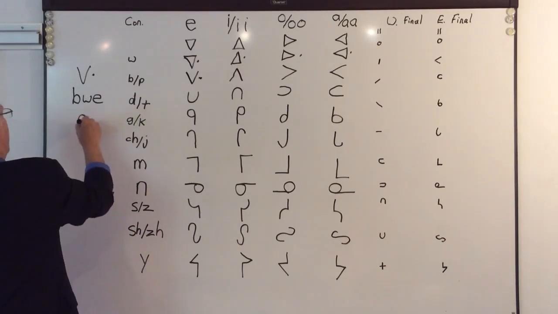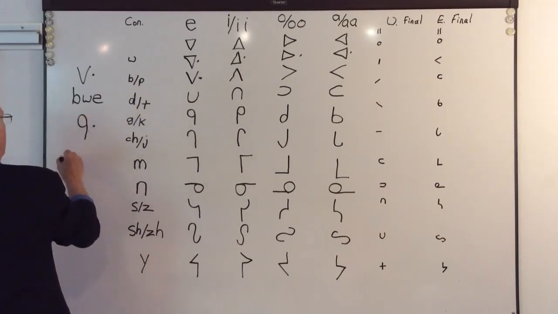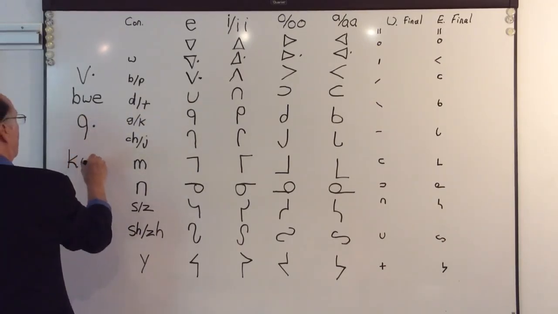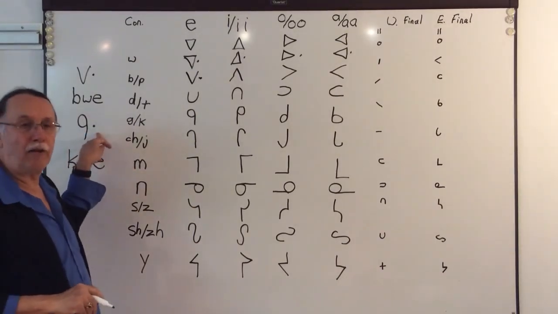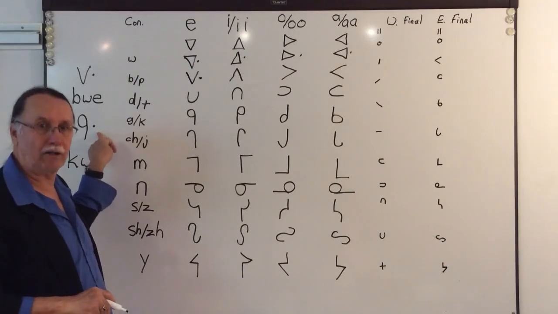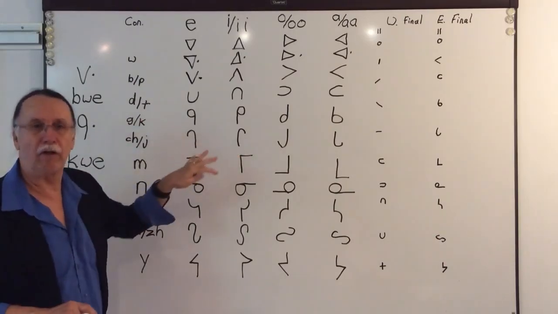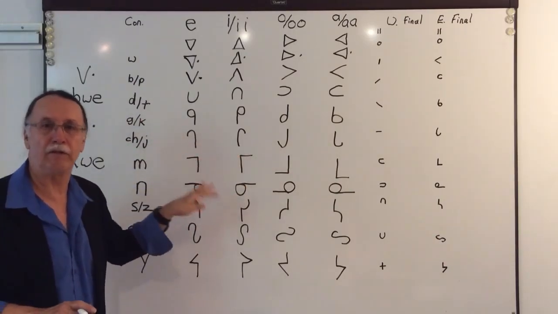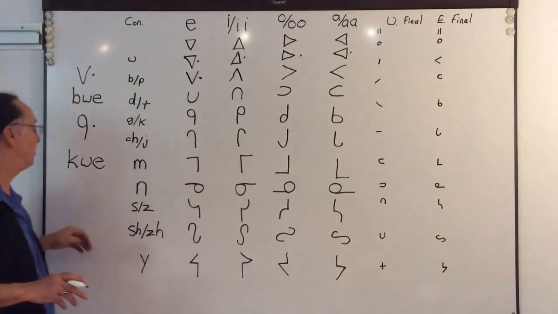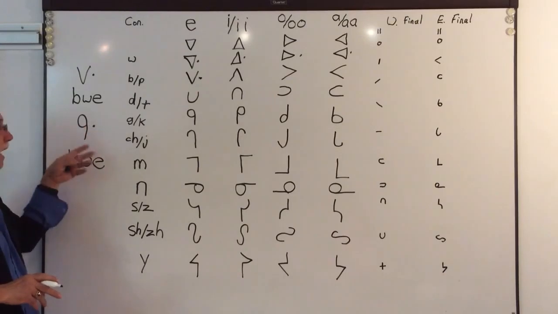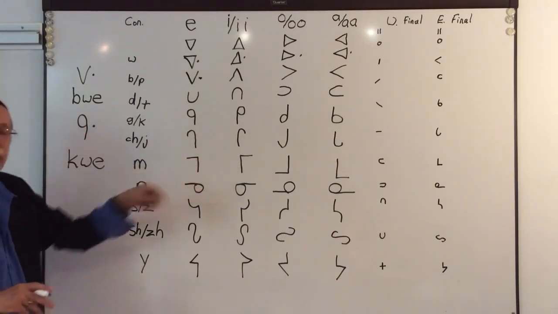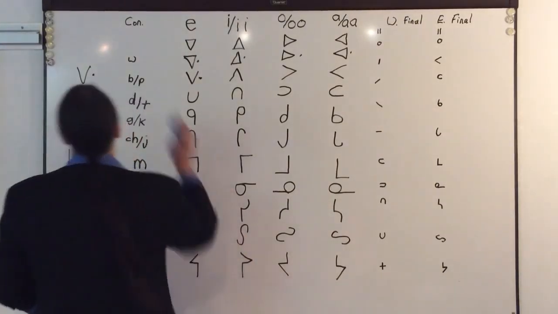If I put it beside a K, it would be kwe. I like to call that dot the W dot, the wild card. You can put it in almost anywhere. There are a few that it doesn't fit very well. I couldn't think of very many examples, but this is how it works, and you can use that with any of these symbols.